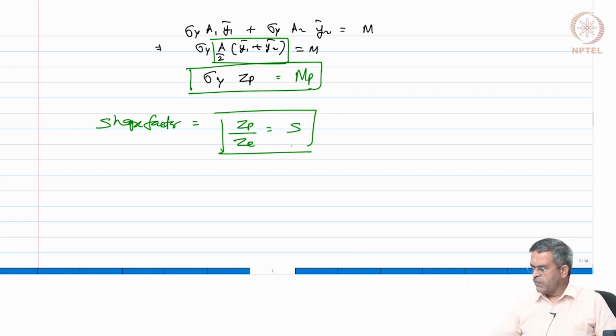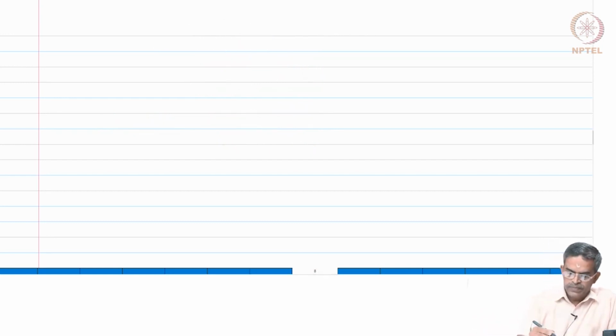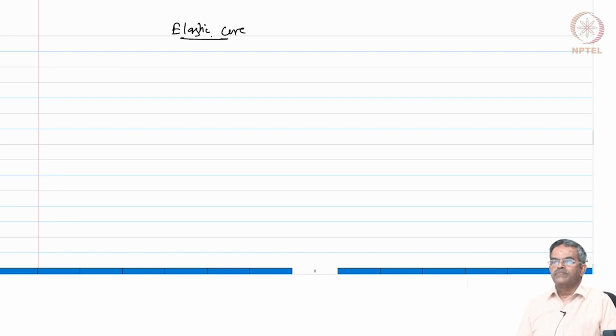So, now we can try to find out the shape factor for different cross sections. Before we do that, let us try to find out what is an elastic core, and what its depth is.